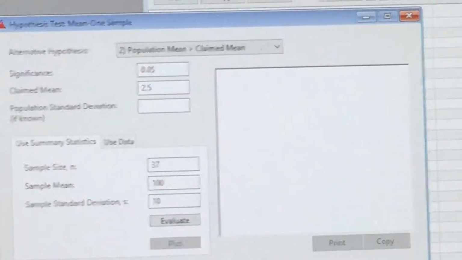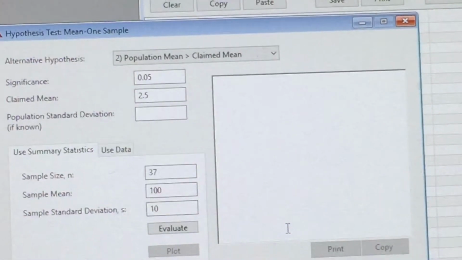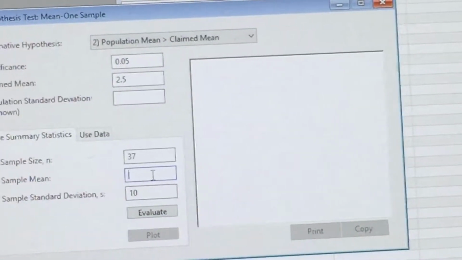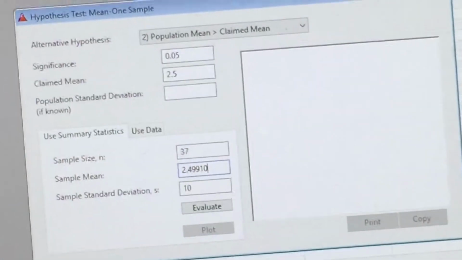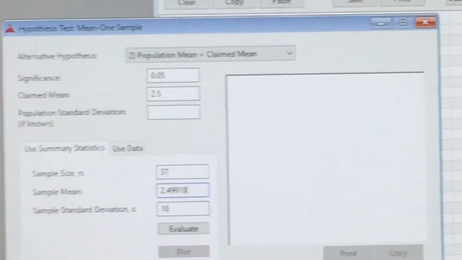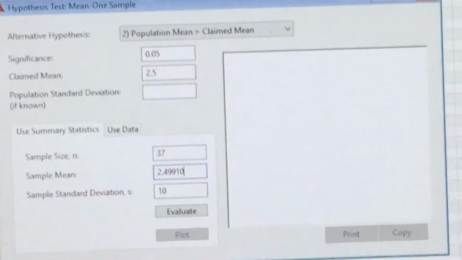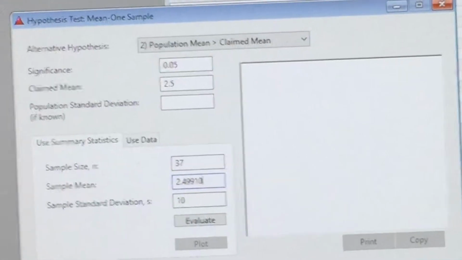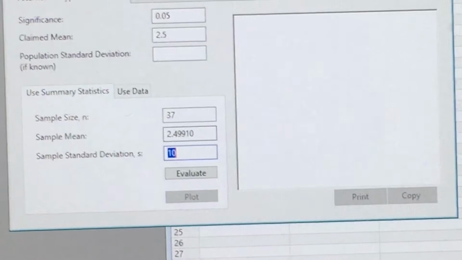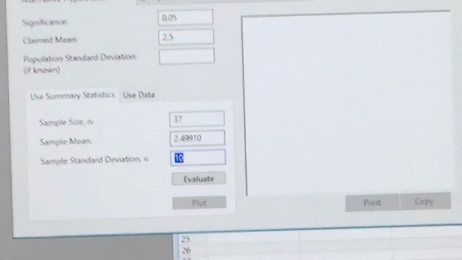Well, let's go down to our sample mean. That's the 2.49910. Okay. 37 pennies have a sample mean of that number, 2.49910. The 2.5 is the claimed mean, because the mean is going to be greater than 2.5. That's our claimed mean there. Your sample standard deviation was 0.01648.